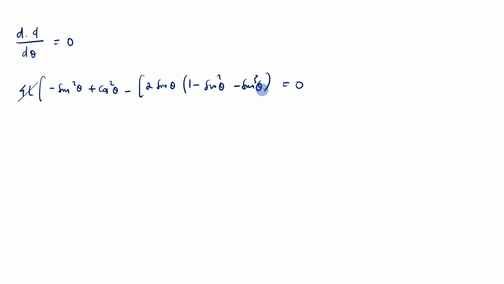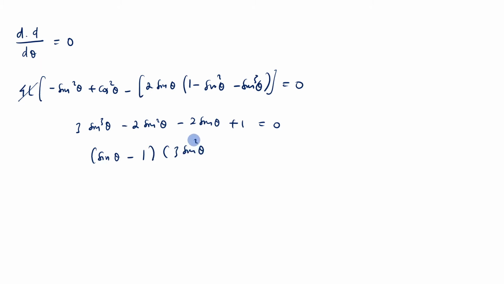Simplifying this equation, we get 3 sine cubed theta minus 2 sine theta squared minus 2 sine theta plus 1. By factorizing this cubic equation, we get sine theta minus 1 times 3 sine theta squared plus sine theta minus 1 equals 0.